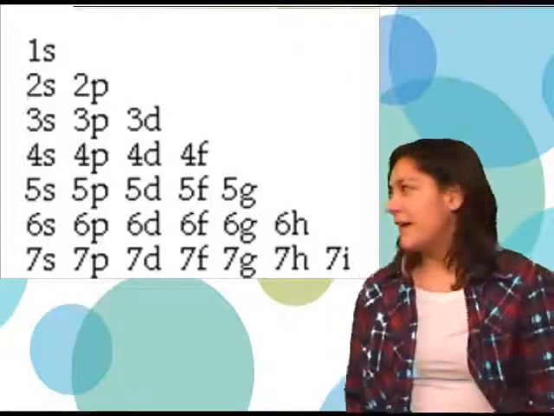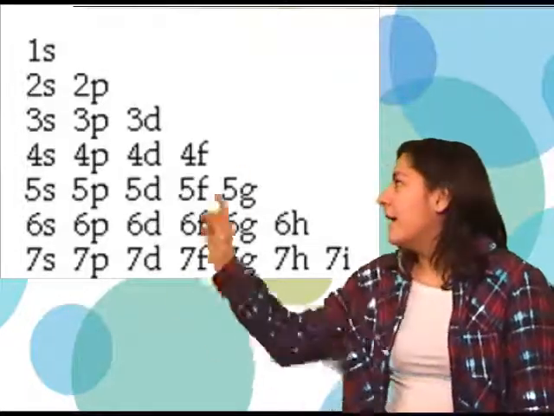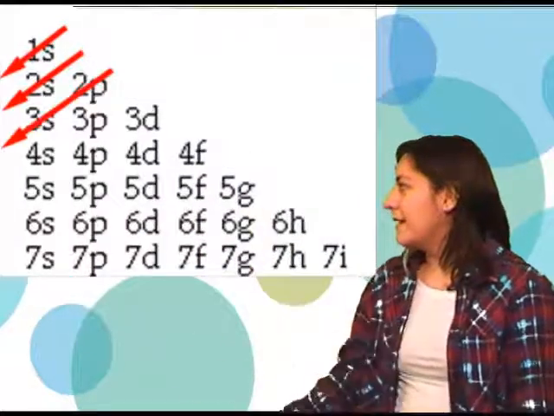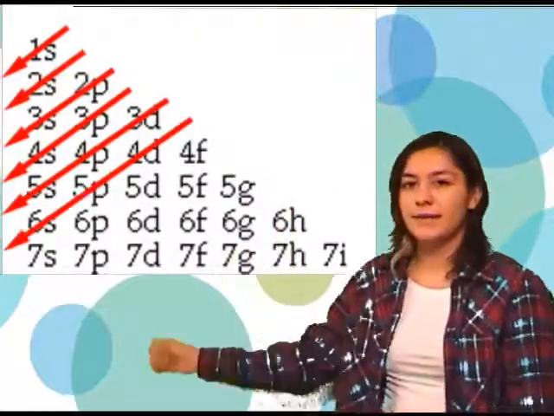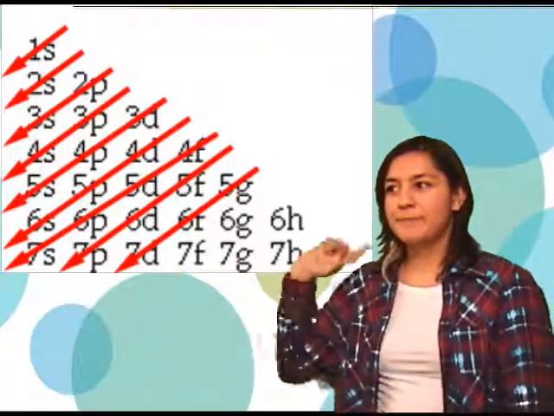Okay, so now we've made this little triangle, and what we need to do is take diagonal lines and slash through each of them diagonally. We just slash up and down.